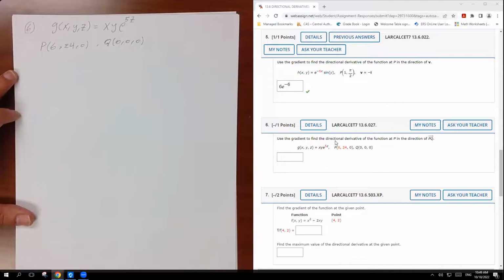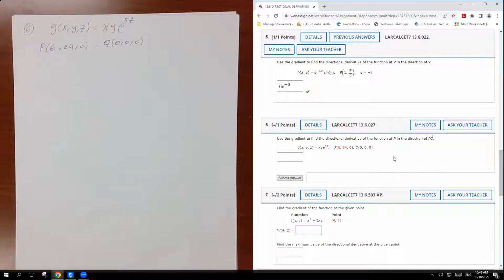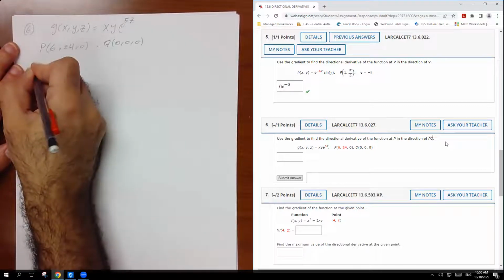Here we go. Use the gradient to find the directional derivative of the function at p in the direction of PQ. The first thing we need to find: there is no unit vector given. We have two points, and our unit vector is in the direction of this vector. So let's start working on the vector, then we're going to find the gradients.